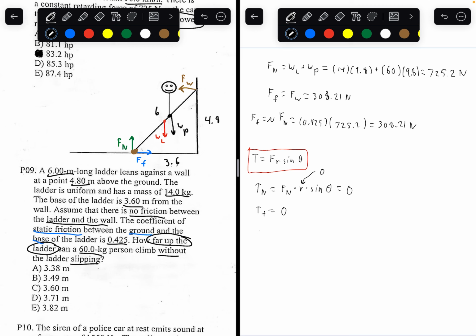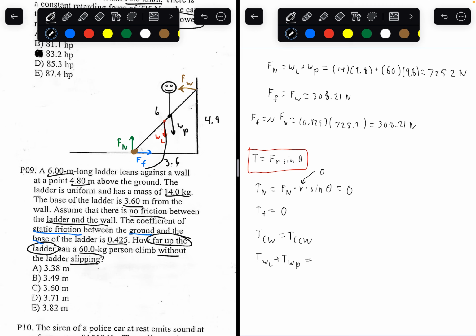We need to look at these other forces though. We know if it's in equilibrium, the clockwise torque has to equal the counterclockwise torque. So the clockwise torque would be the torque of the weight of the ladder plus the torque of the weight of the person, because both of these forces are pointing down.